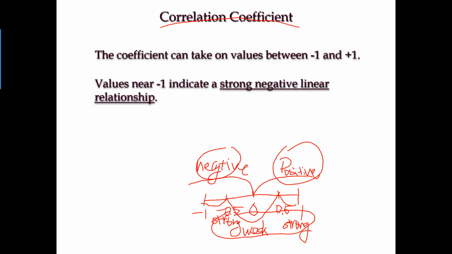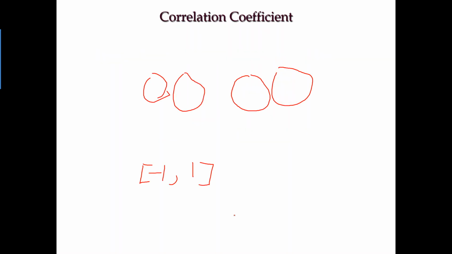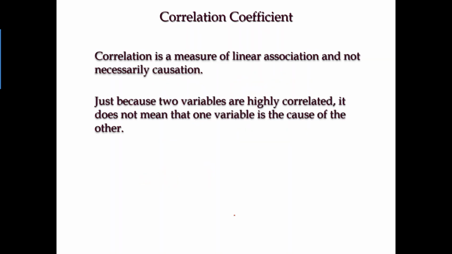Before we end this video and let you move on to the computer skill, I want to mention one more thing, which I mentioned in these slides. Correlation is a measure of linear association, not necessarily causation. Like I said, increasing the variety of the product has a positive relationship with the grocery store's revenue.